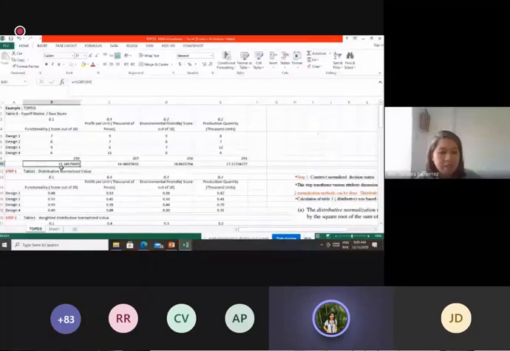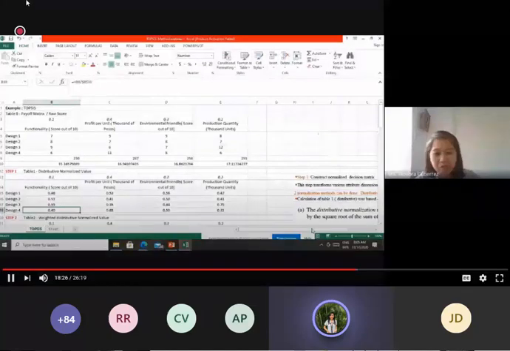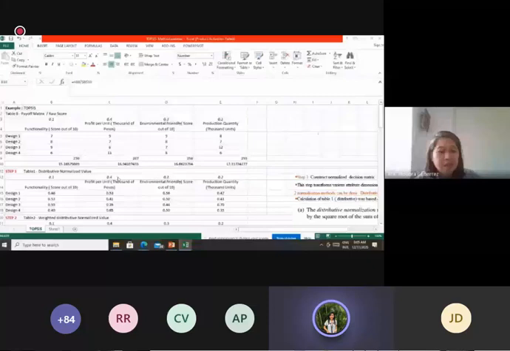And 9 divided by 15.165 is 0.59. And here, 6 divided by 15.165 is 0.40. So this is the normalized value which we follow the formula in the TOPSIS. Now, this applies also the same with the remaining criteria.